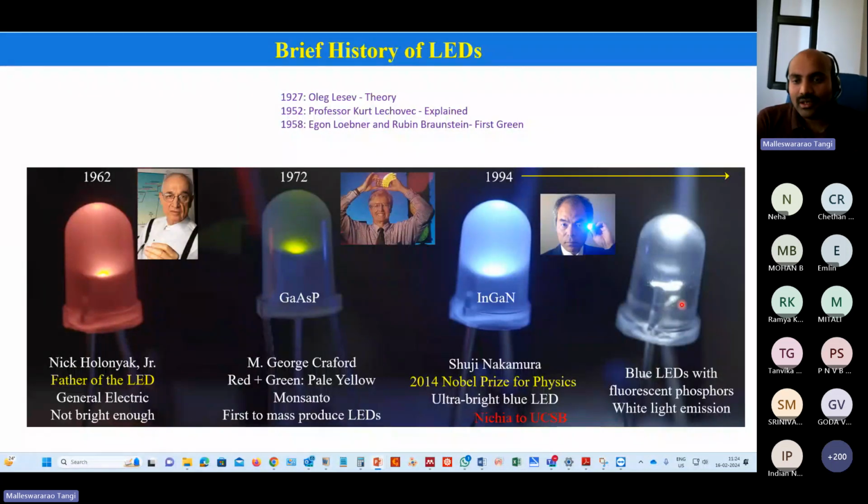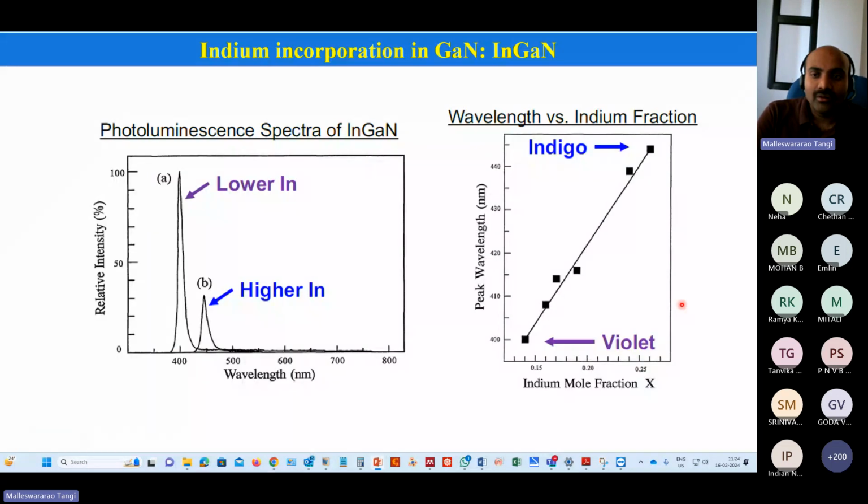So once he achieved blue light LED, we have to get white light from all these LEDs. But the problem is the green and red LEDs are from another material system, and he still has to work on that. In order to get white light, he has to tune indium composition so that he gets green and red emissions from the same material system.